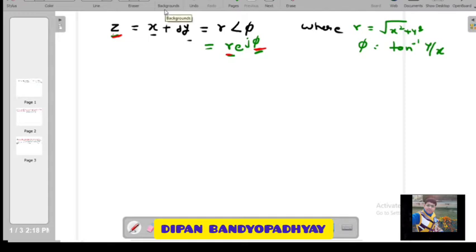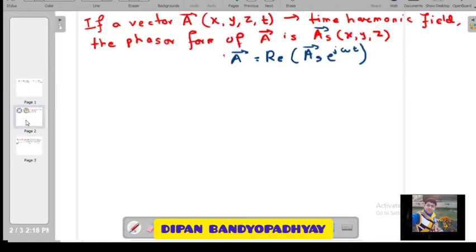For our case, we need to study vectors. A phasor can be a scalar or a vector, and we are mostly concerned with vectors here. Suppose we have a vector A, arbitrarily chosen, which is a function of x, y, z and t.